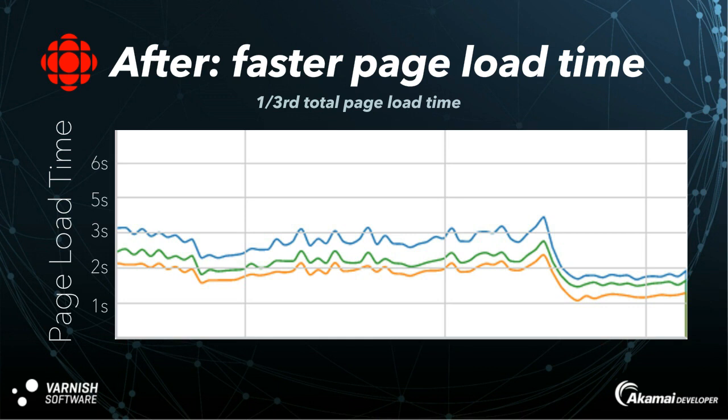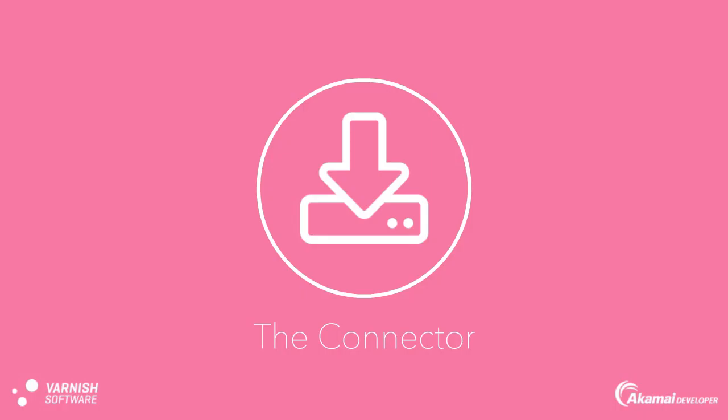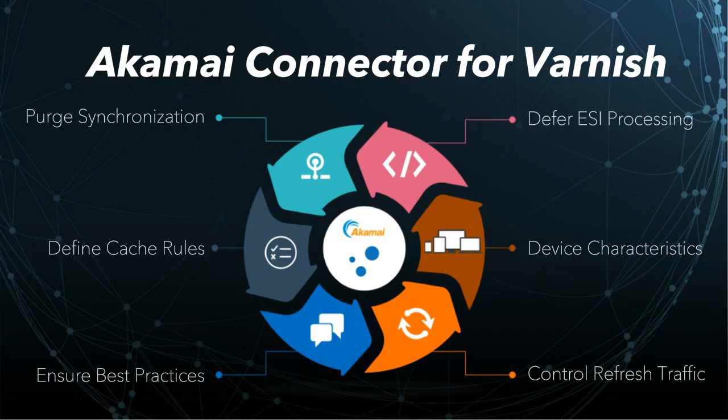So taking the lessons that we learned from this experience, we went to Varnish Software, and we built together the connector, the Akamai Connector for Varnish. And this connector not only allows you to coordinate your caching infrastructure, but we also brought in a ton of other features to help you with synchronizing purges, so that your application infrastructure can be designed around the tools that you're familiar with in your Varnish layer, and know with confidence that that is being replicated out into Akamai.